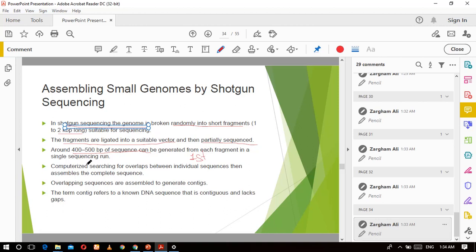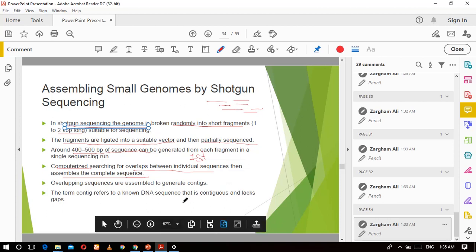As we know, shotgun sequences are random and have overlapping regions, so they are not specific like this. We use computers for these overlapping sequences for easy assembly, so that we can get the exact sequence in a single row.